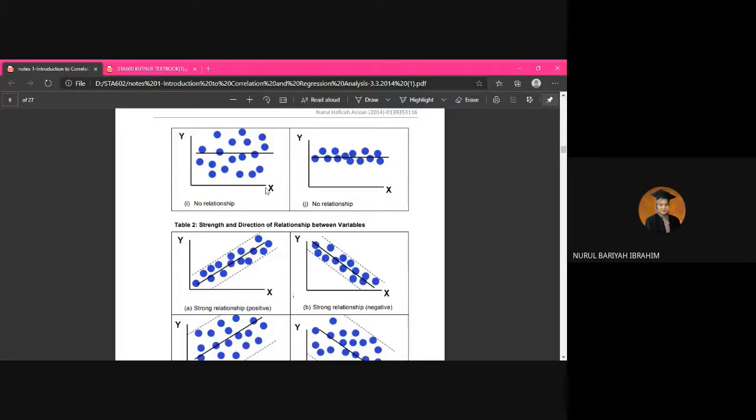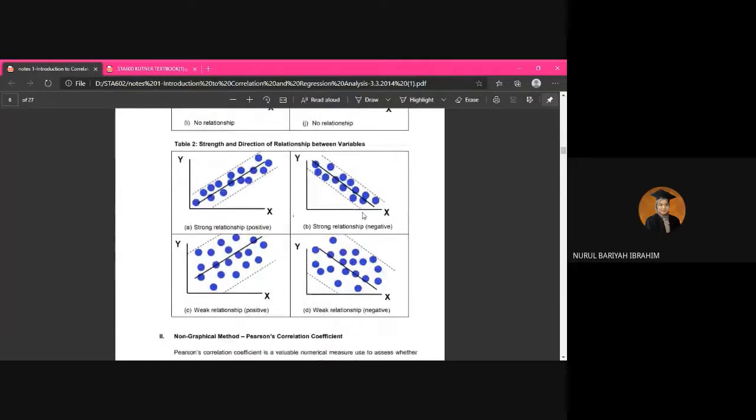So there is no relationship between y and x. Okay, this is also an example of no relationship, where the points create a horizontal line. So we can say that there is no relationship between y and x.